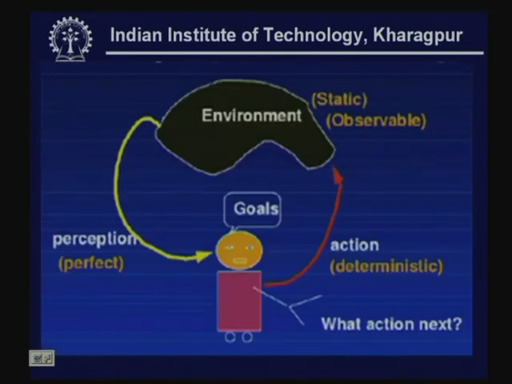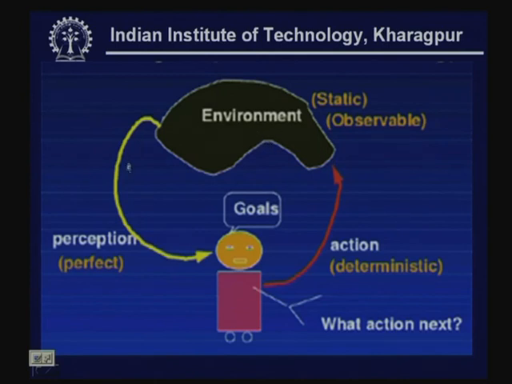So, let us get back to a quick introduction of the planning problem. As we have noted earlier, we have an agent which works in an environment. The agent has goals, the agent takes actions, and the actions affect the environment.